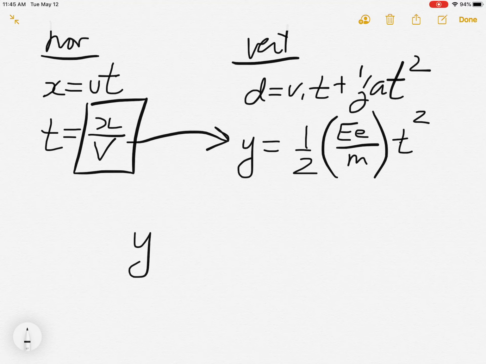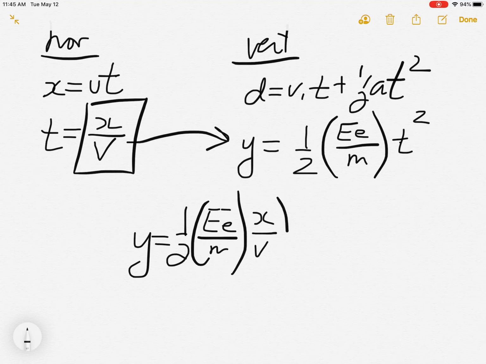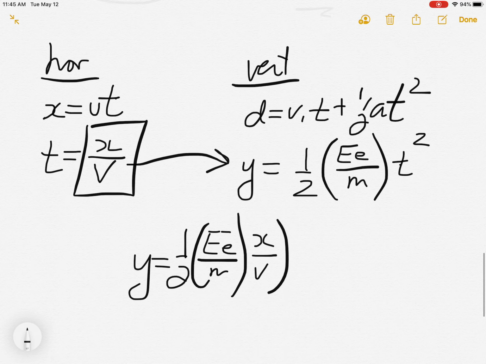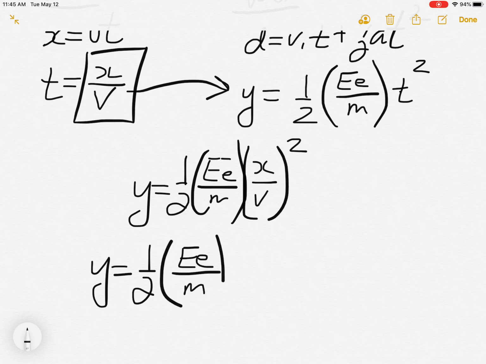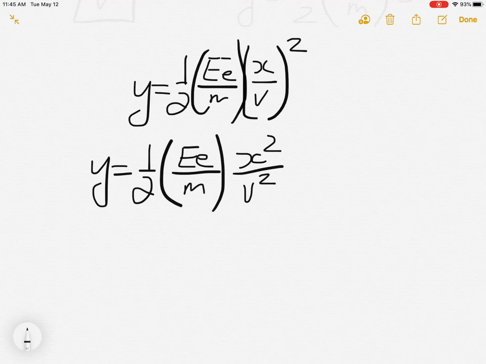Let's go back to the horizontal, and let's isolate for t. T is x over v. Now let's substitute that into the t for this equation. Y equals 1/2 EE over m, and then this would be x over v, squared. And then simplify. If you mess with this a bit, you'll get y equals 1/2 EE over m multiplied by x squared over v squared.